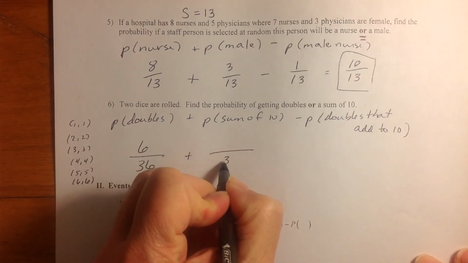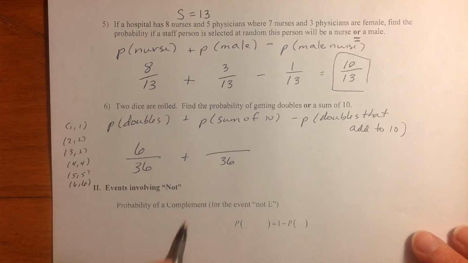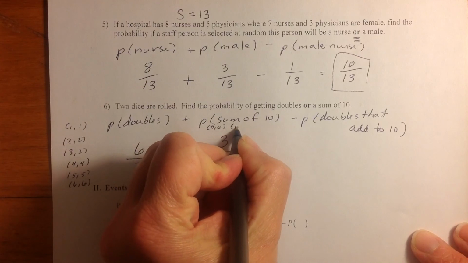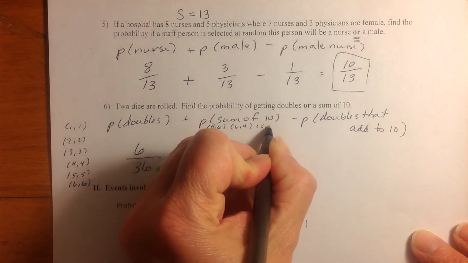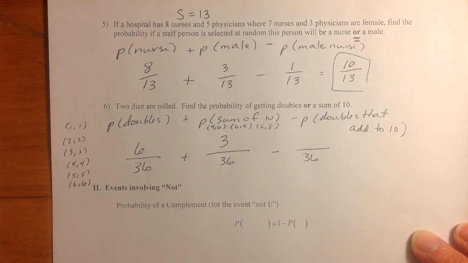Plus, this is still 36 possibilities. Now we're just interested in, well, which ones add to 10. So adding to 10, you could have 4, 6, 6, 4, or 5, 5. So you get 3. Minus, this is still 36, because the general idea is a sum, so that never changes.